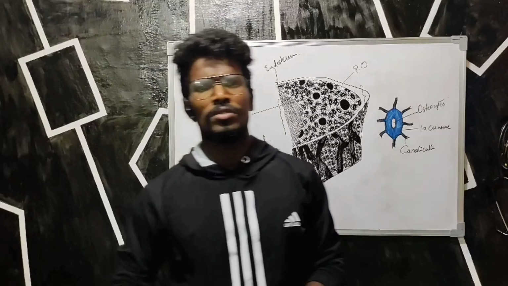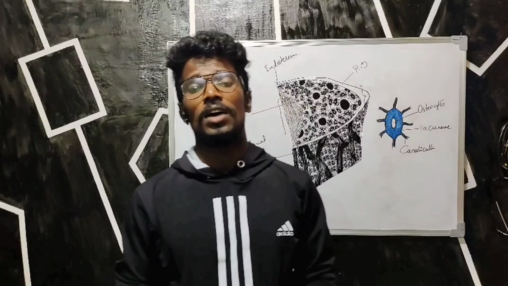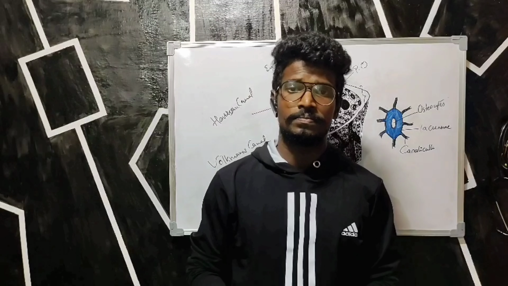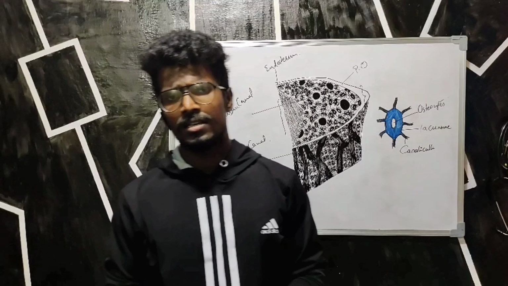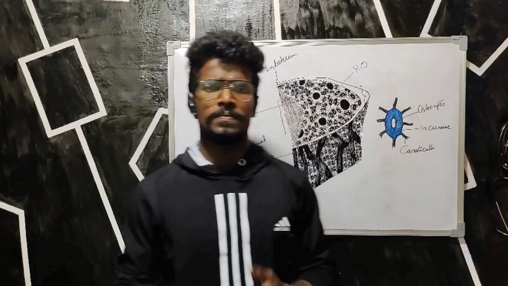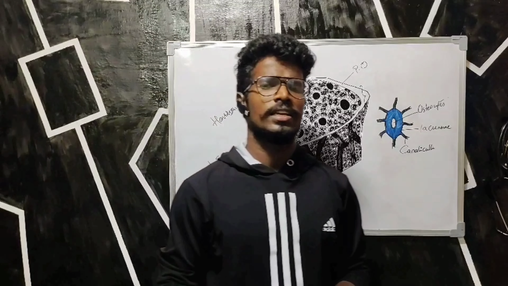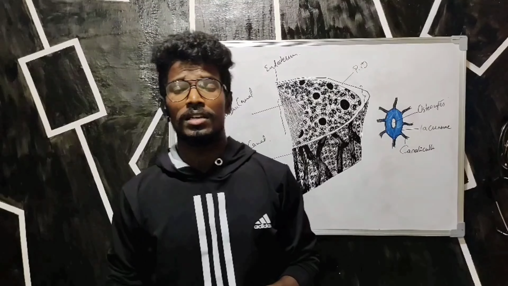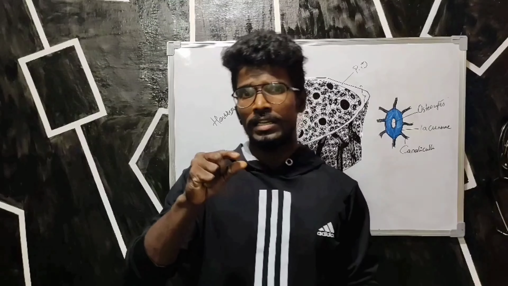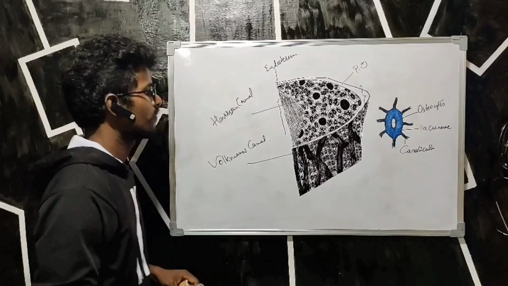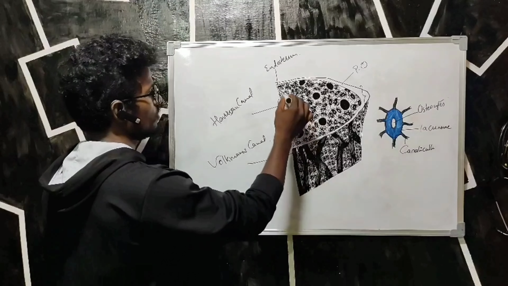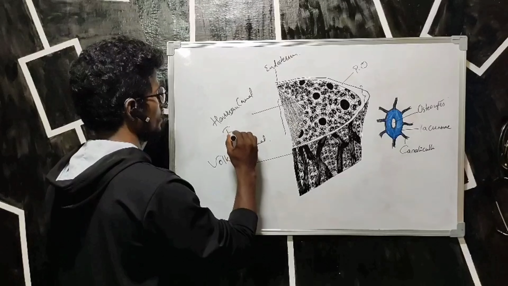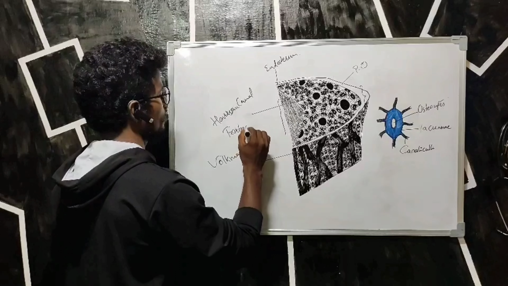Cancellous bone is found inside the outer cortical layer. These are made up of concentric layers, which are called lamella as well. These lamellae are arranged irregularly in a lattice structure, which is called trabeculae. So this irregular structure, which you can see, is called trabeculae.